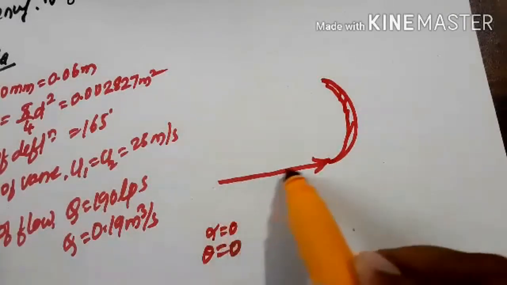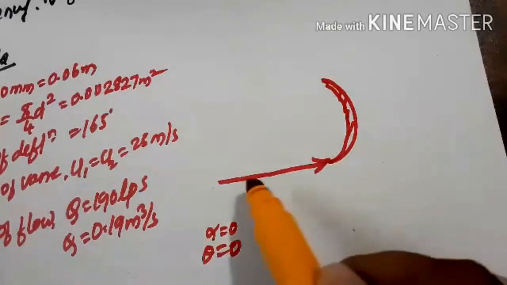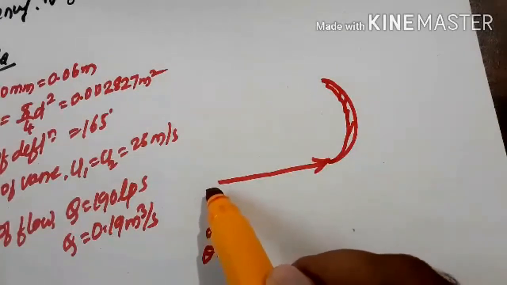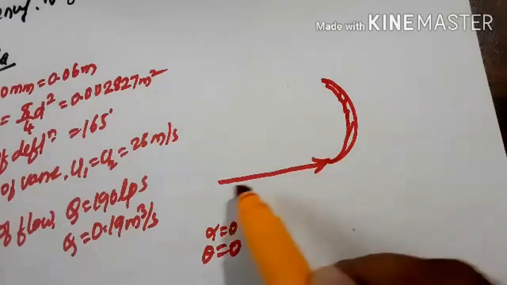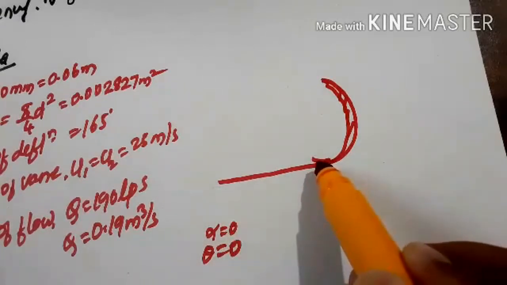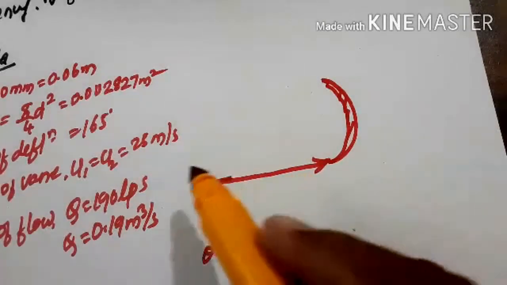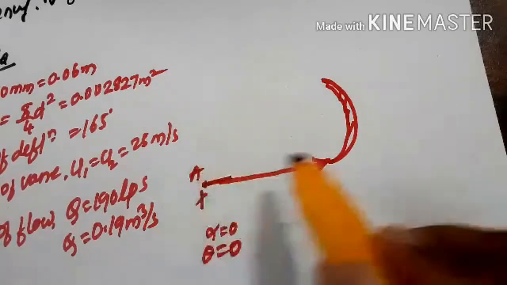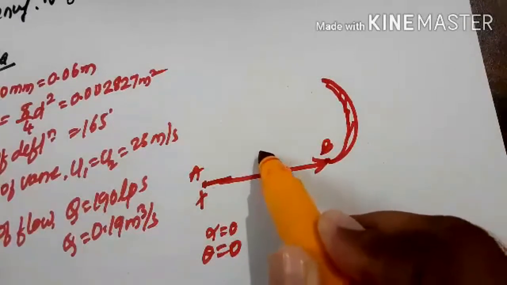Since it is not mentioned at what angle the jet is entering, you have to take the velocity triangle at inlet of this particular problem as a straight line. Now you can mark on this straight line only. Let us take this point as A, this as B, and this you mark as C here.